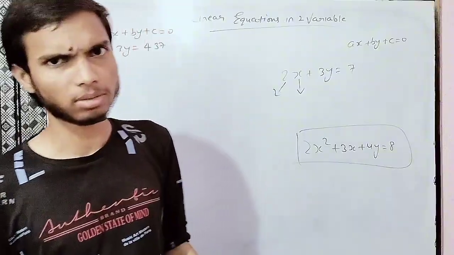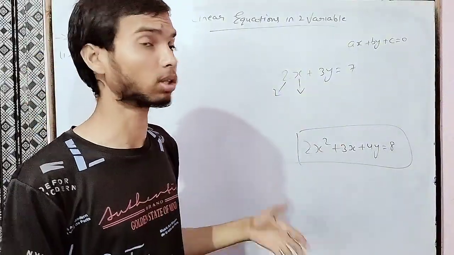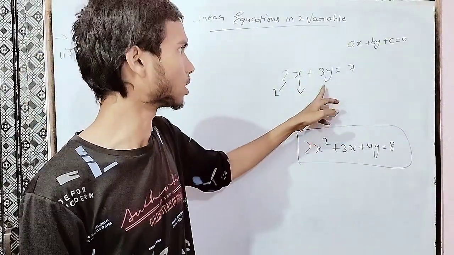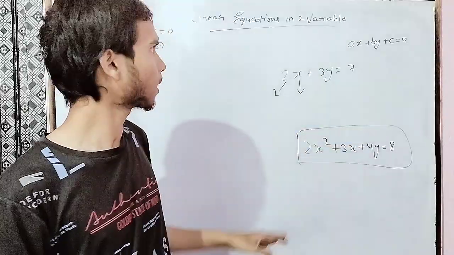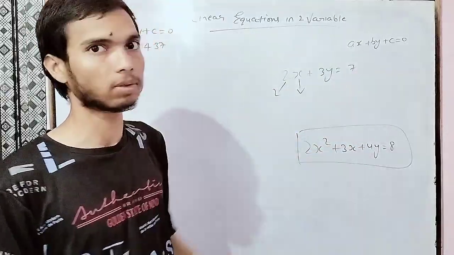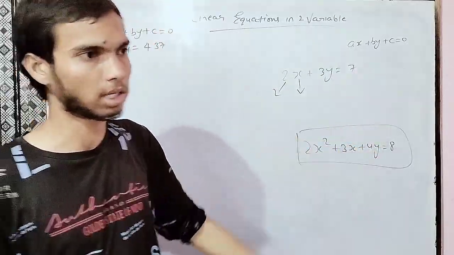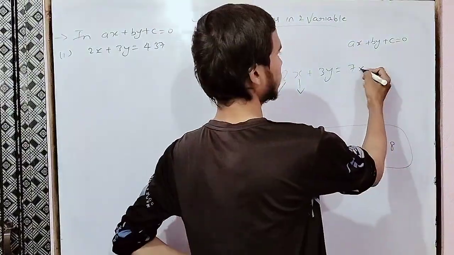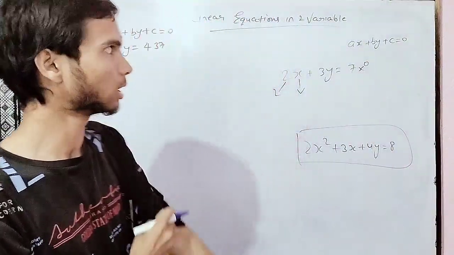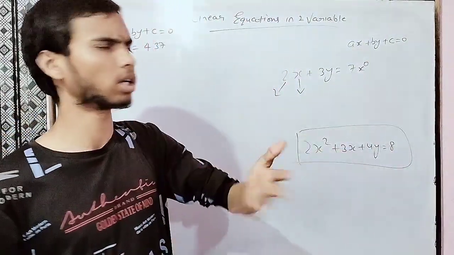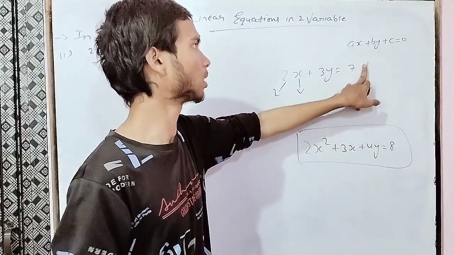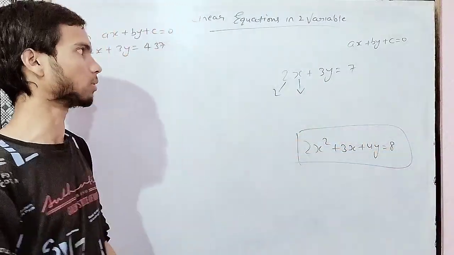Plus, minus, division, multiplication are mathematical operators. So this is equivalent. That's why we say the equation equals 7. The 7 is also considered because here x raised to power 0 is hidden. You are already aware of the meaning of this. It becomes 1. 7 multiplied by 1 is 7.